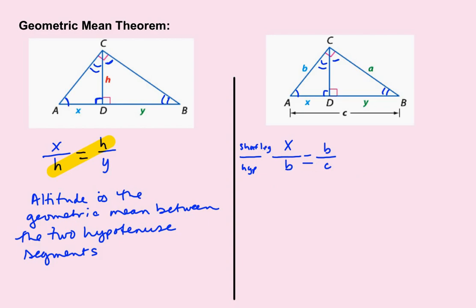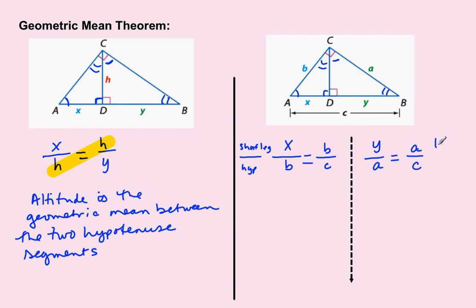And I could do something similar with the greens. On the greens, again, I'm going to focus over here. So now I can go the long leg of the medium triangle over its hypotenuse equals the long leg of the big triangle over the hypotenuse of the big triangle.